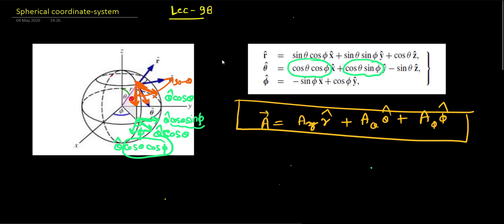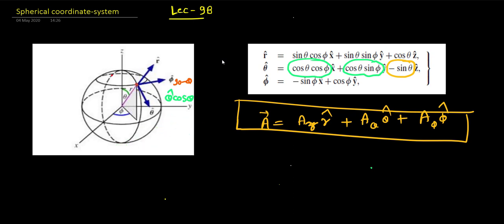This yellow component would be theta cap sin theta, and it is in the direction of negative z. So the z component would be minus sin theta, as you can see here. Just try to visualize these things. I may not be efficient in showing you all this, but I am just deriving these results.